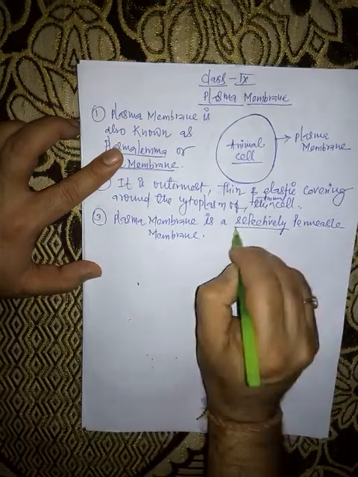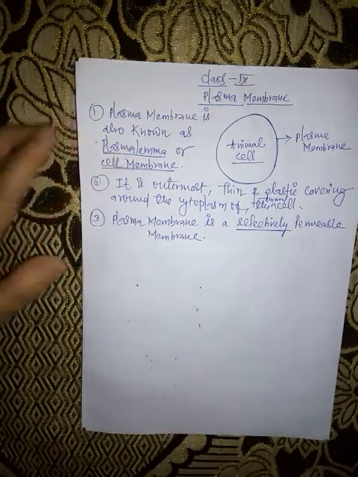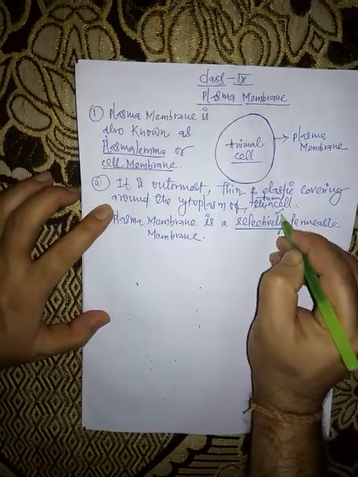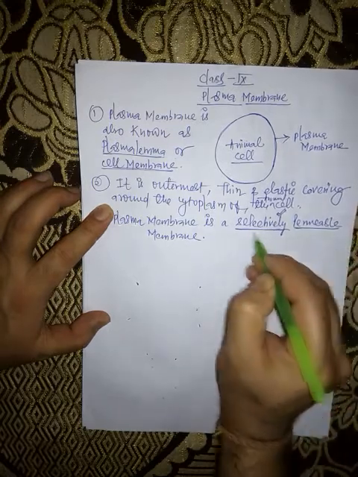It means the plasma membrane first selects the molecules which are useful for the cell. Those molecules which are required by the cell can enter inside the cell. But those molecules which are toxic for the cell and not useful or required by the cell cannot enter. So this type of property of the cell is called selectively permeable property.